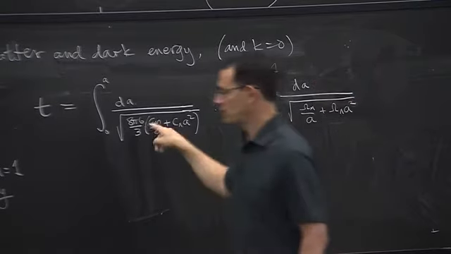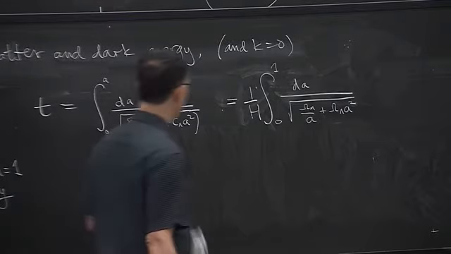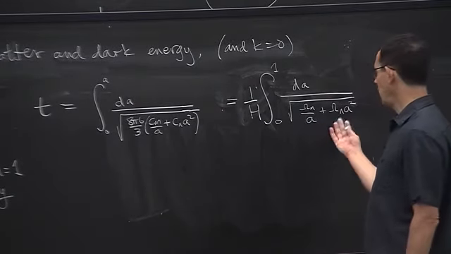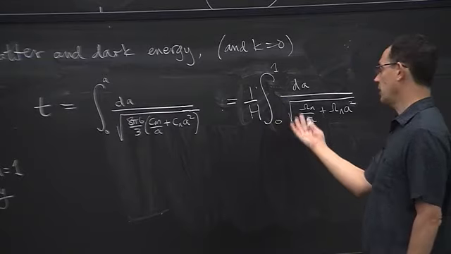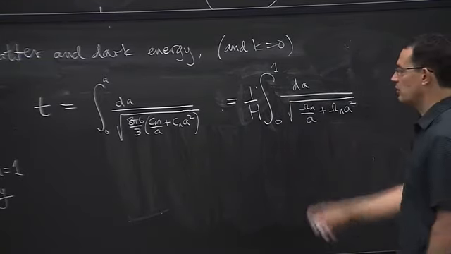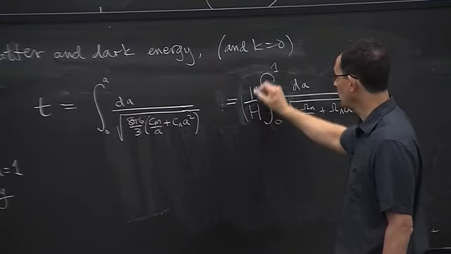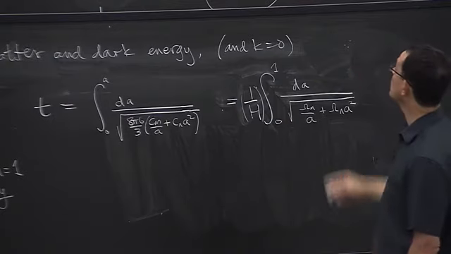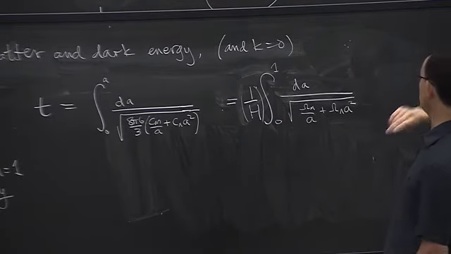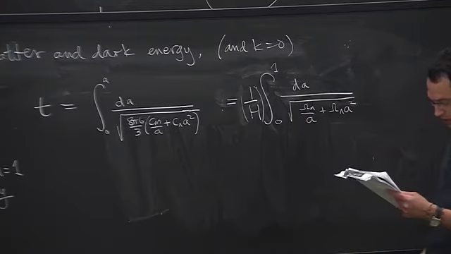So what I did here is I pulled out 8 pi G over 3 rho matter today and rho lambda. I rewrote them in terms of h, and then I pulled out the factor of h. So the age of a lambda-dominated universe is just the inverse Hubble radius, the same as the matter-dominated universe, but the factor of 2/3 gets replaced by this integral.